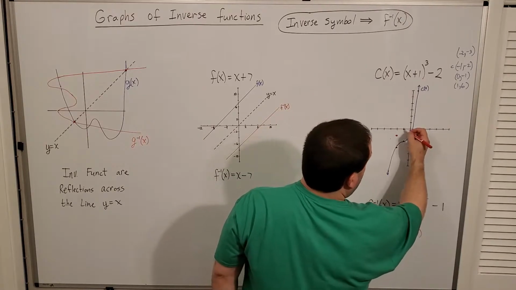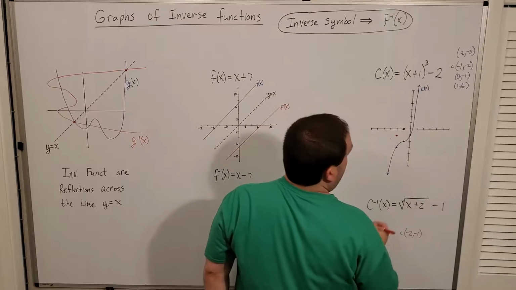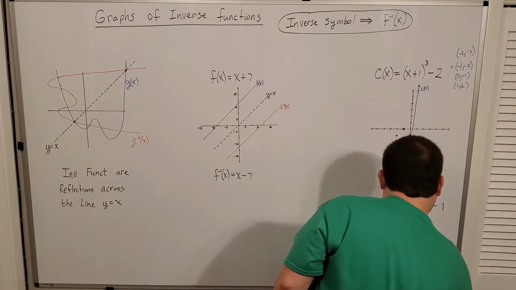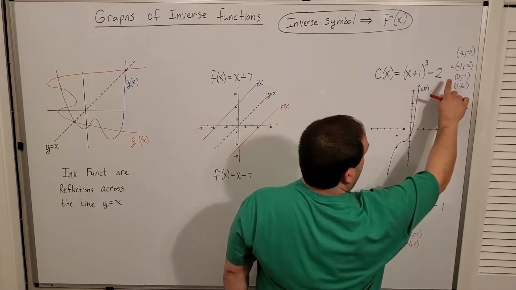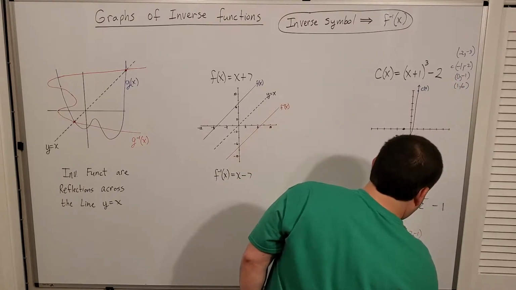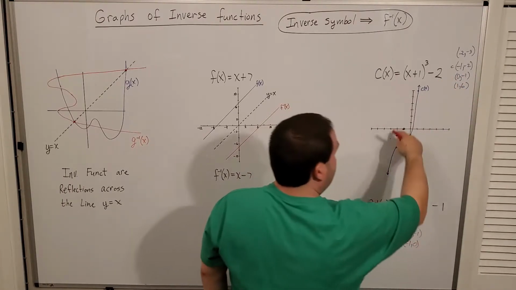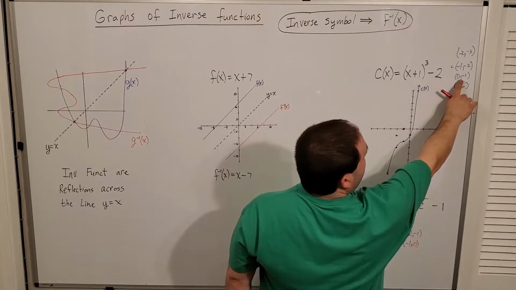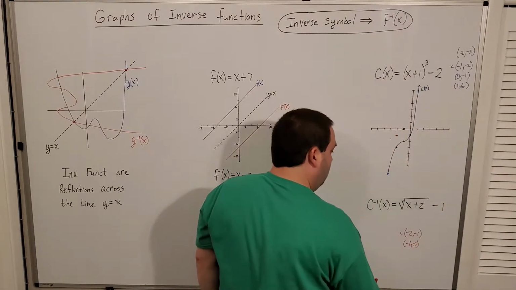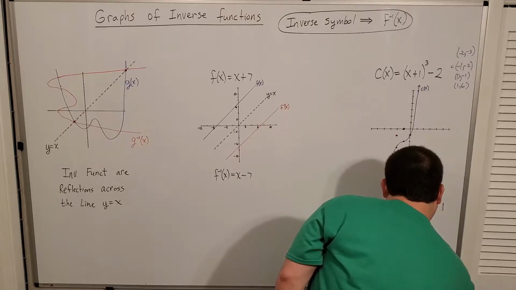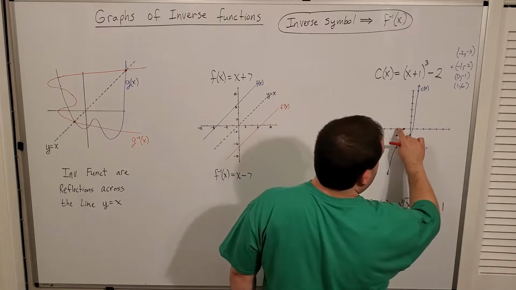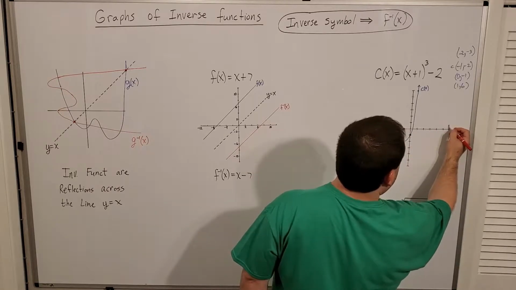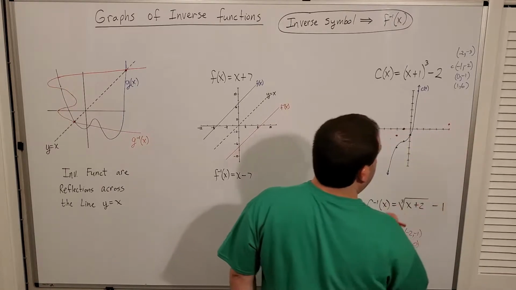This thing is also going through the point right here, which is negative 1, 0, because it's on the axis. That's the reverse of 0, negative 1. Okay, it's also going to go through the point 6, 1. So over here at 6, up 1 right here, like this.